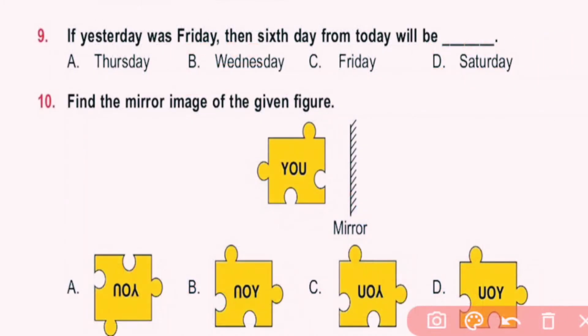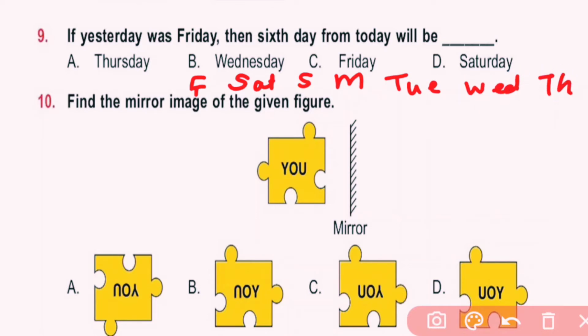Question number 9. If yesterday was Friday, then the 6th day from today will be. If yesterday was Friday, then today is Saturday, Sunday, Monday, Tuesday, Wednesday and Thursday.